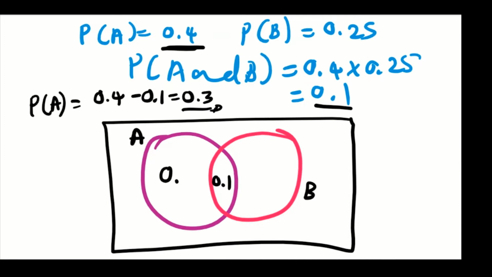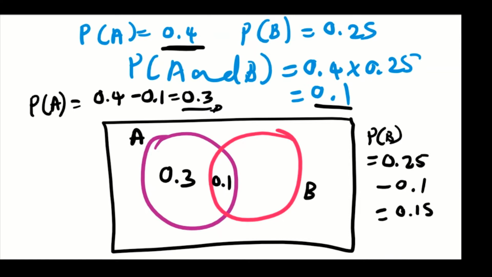So you're going to write 0.3 here, and then the probability of B only in this diagram would be the given 0.25 minus 0.1, which is 0.15. So 0.15.